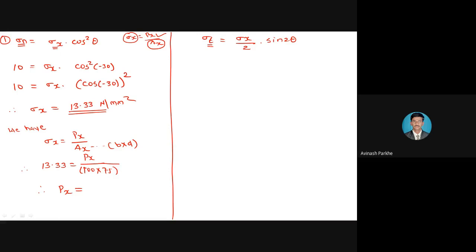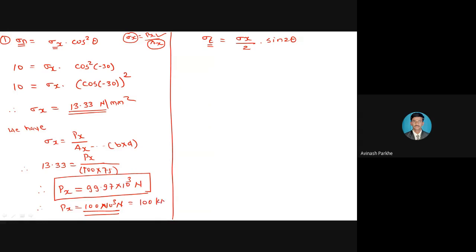Yes, what is the force value? 99.97 into 10 raised to 3 Newton. Okay, approximately I will write it is equal to 100 into 10 raised to 3 Newton, or 100 kilonewton. Because it is 99.97, I have converted it to 100 into 10 raised to 3.